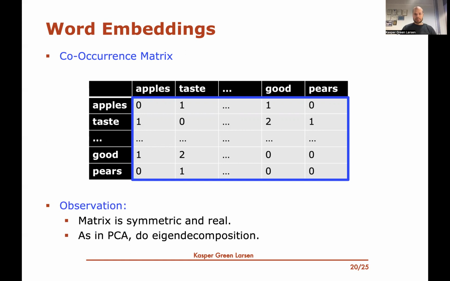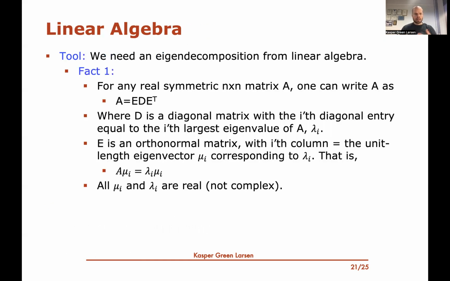So as we did in the principal component analysis video, we can also do an eigendecomposition of this co-occurrence matrix. Just to remind ourselves of these facts: an eigendecomposition is, if I have a real symmetric n by n matrix A, then you can write it as E times D times E transpose, where D is a diagonal matrix, the ith diagonal entry is equal to the ith largest eigenvalue of A, and this eigenvalue is called lambda i.